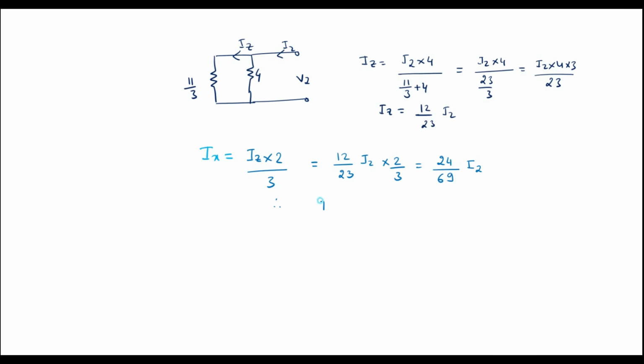So therefore we can say I1 is equal to minus Ix, which is equal to minus 24 by 69 I2. So this is nothing but minus 8 by 23 I2.